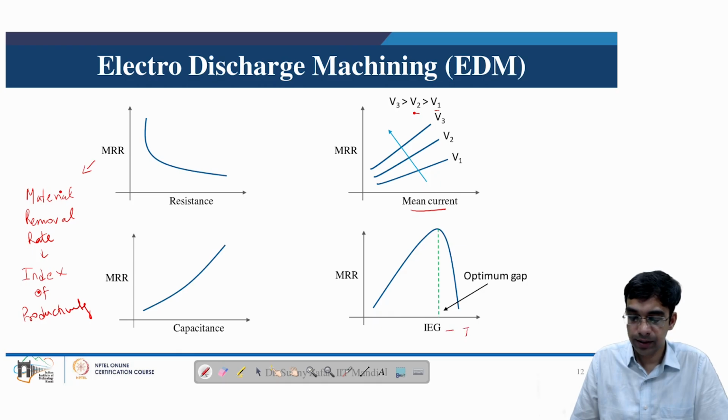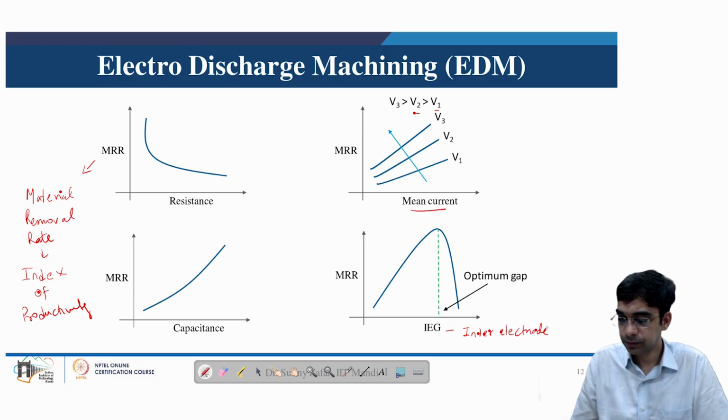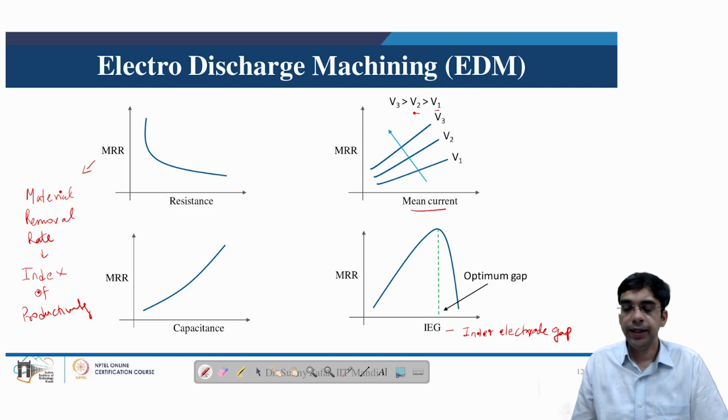IEG here stands for inter-electrode gap. So IEG is useful only at an optimum gap. If the gap is too high, the electrons in the plasma channel may not have sufficient energy to remove the material upon striking the workpiece.